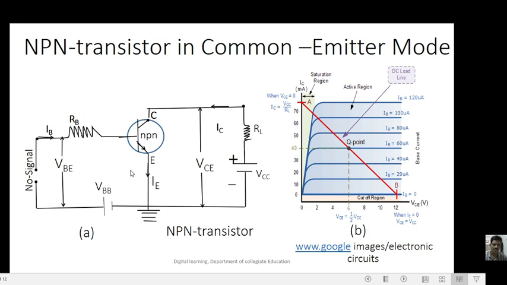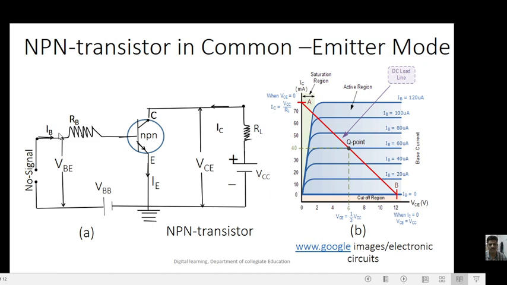Let us go back to the circuit diagram. Here we see no signal is applied. There is a battery VBB, and IB is the base current which is supplied from the signal source, or it may be an audio oscillator or function generator.